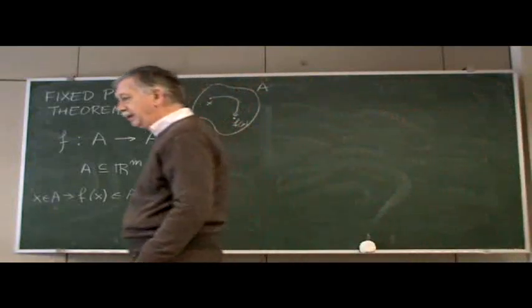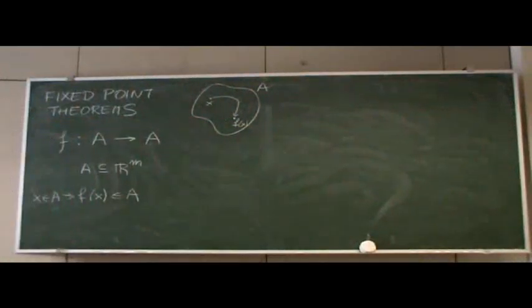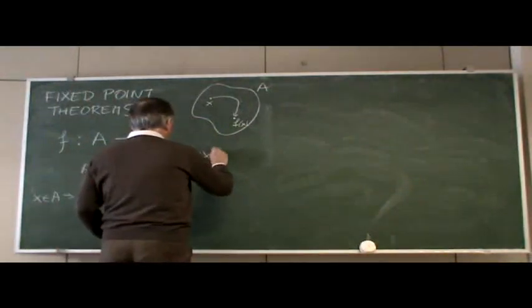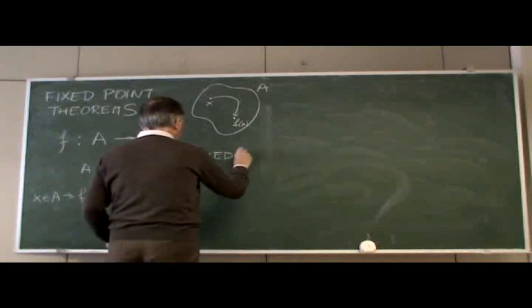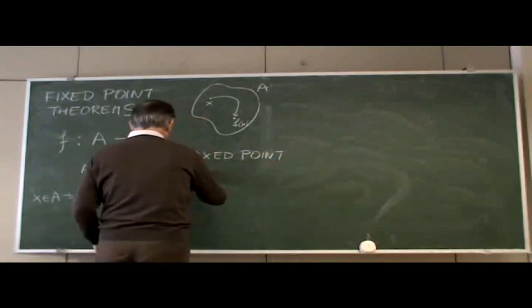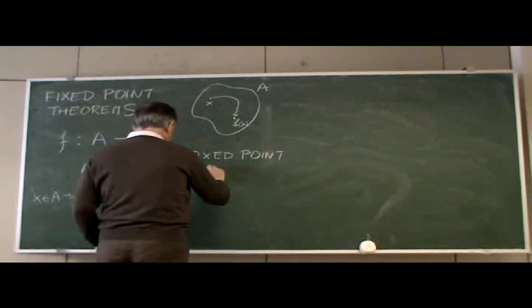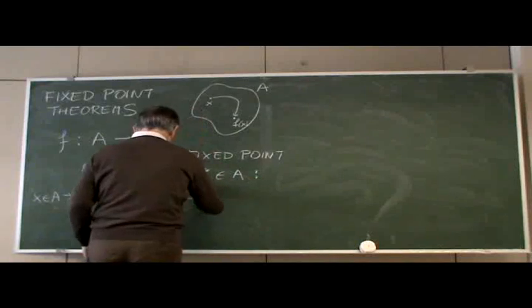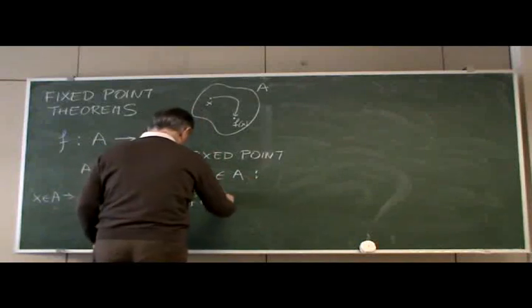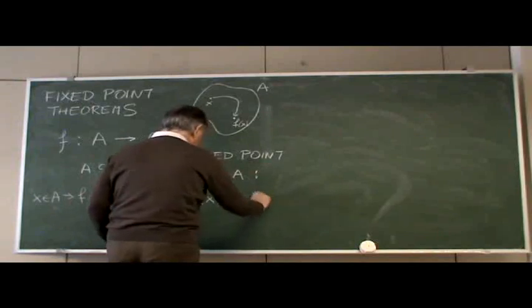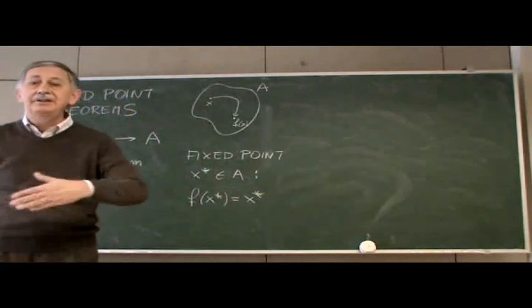To this point, we can define the fixed point. A fixed point or unit point for this function f is a vector x star such that the image of x star by means of f is x star itself.